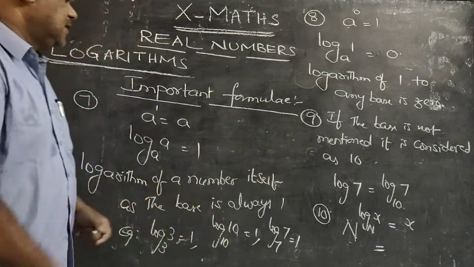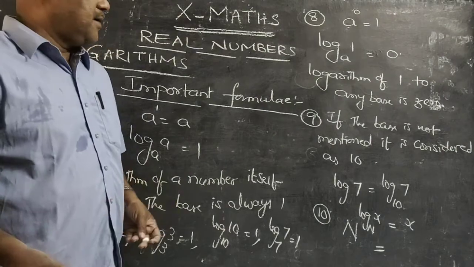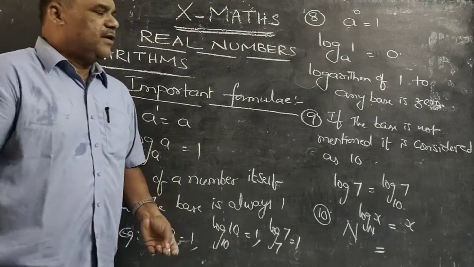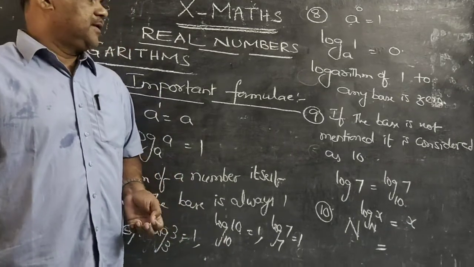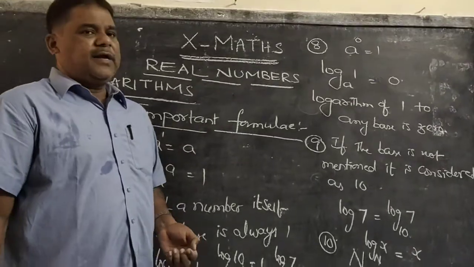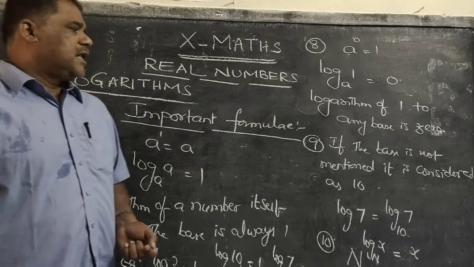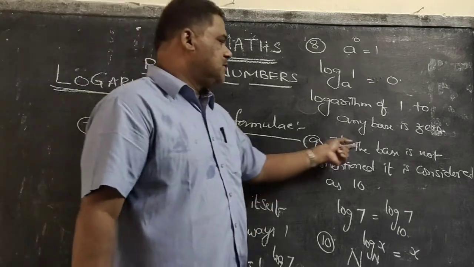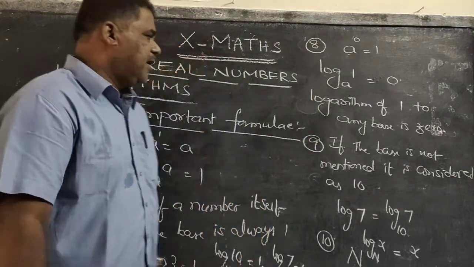The first one is log a into b is equal to log a plus log b. The second one is log a by b is equal to log a minus log b. The third one is log a to the power n means n into log a. The fourth one is logarithms are defined only for positive numbers. Next, logarithm of 0 is not defined.